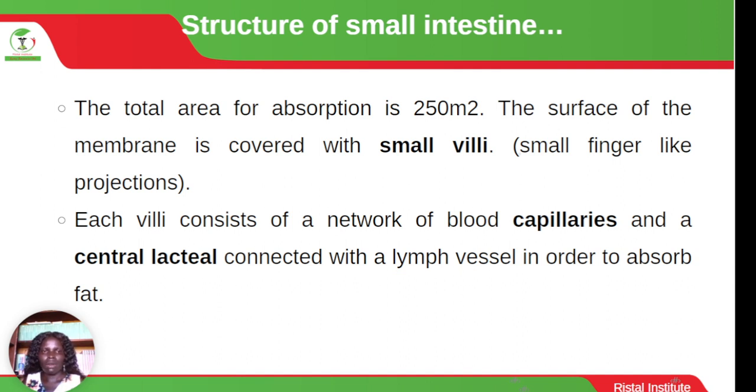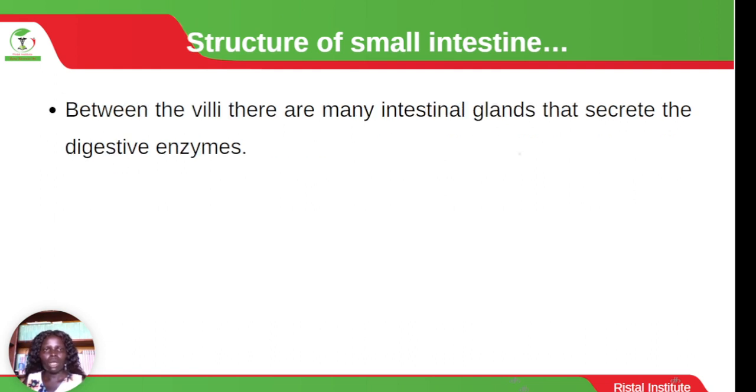Each villus consists of a network of blood capillaries and a central lacteal connected with a lymph vessel in order to absorb fat. Between the villi, there are many intestinal glands that secrete the digestive enzymes.